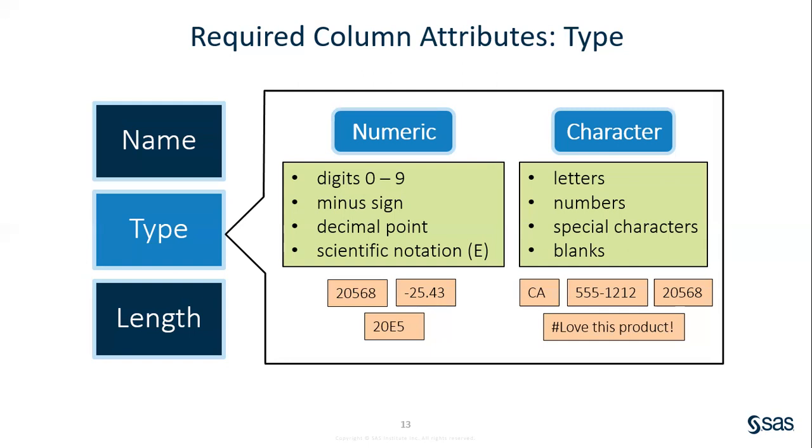And character values, including alphabets or special signs, are all termed character. In SAS, numeric values are all the digits from 0 to 9, including minus signs, decimal points, and of course scientific notation.